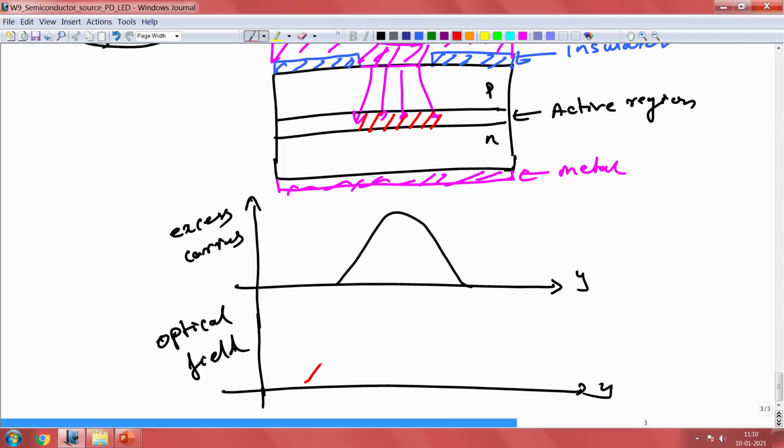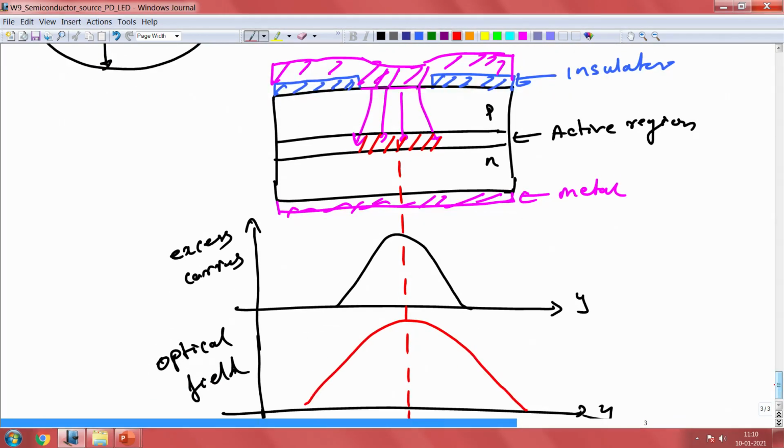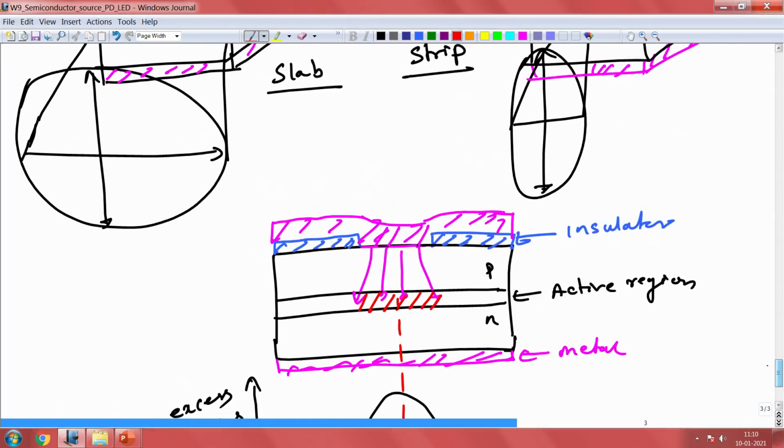It will be slightly larger than your carrier profile, but this is how you can confine your charges and your light just by changing your injection strategy.